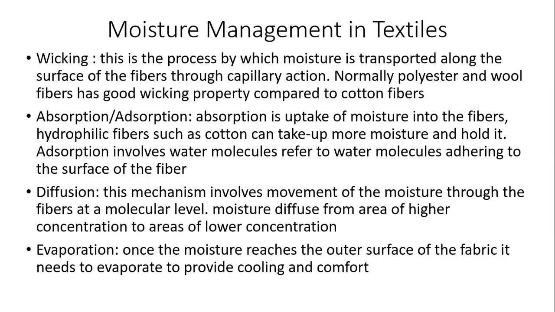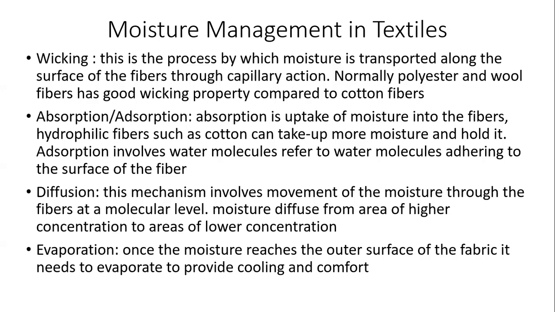And then there's something called evaporation. The evaporation has to do with the macroclimate. If you can remember our thermophysiological comfort model, we have the macroclimate. So for the macroclimate, when the moisture gets transported and reaches the outer surface of the fabric, it gets evaporated through different forces.